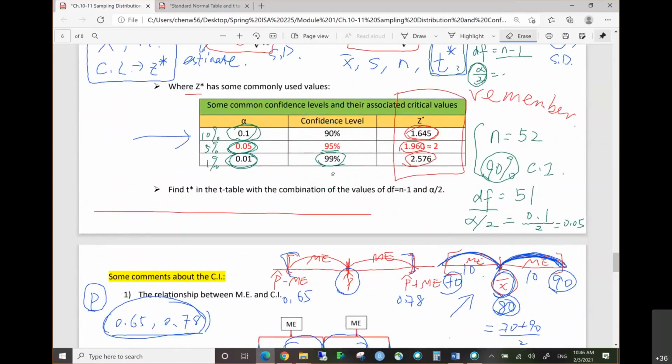Perfect, thank you. Right, so let's use the Z star for example. So we say this is the Z star, and then if we increase the confidence level from 90% to 95%, the Z star will change from 1.645 to 1.96. So when the confidence level increases, the Z star will also increase.